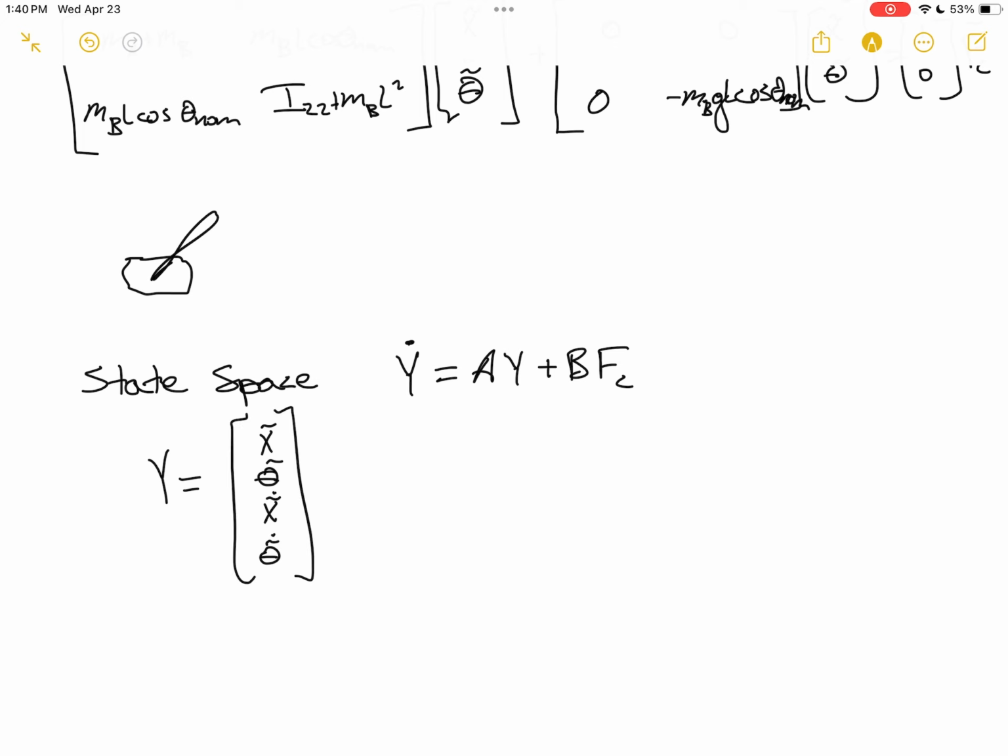That means that y dot is equal to x tilde dot, theta tilde dot, x tilde double dot, and theta tilde double dot.